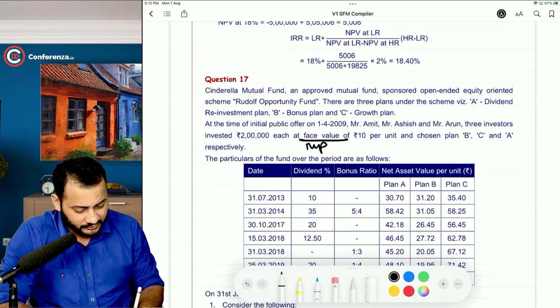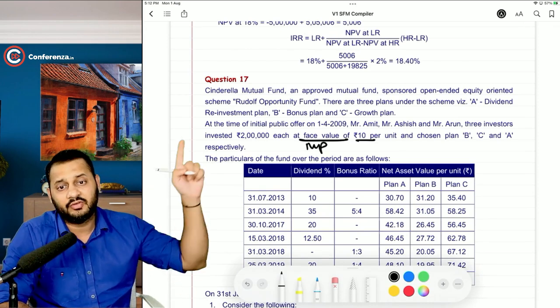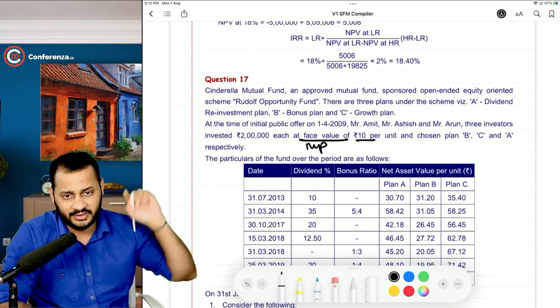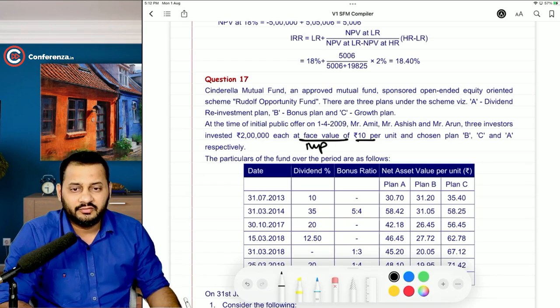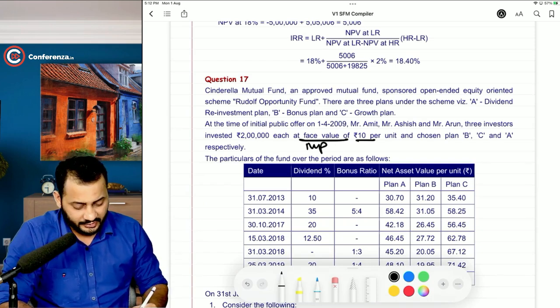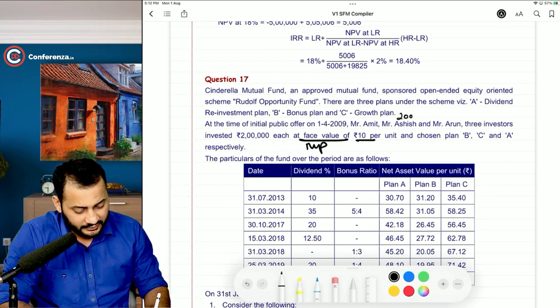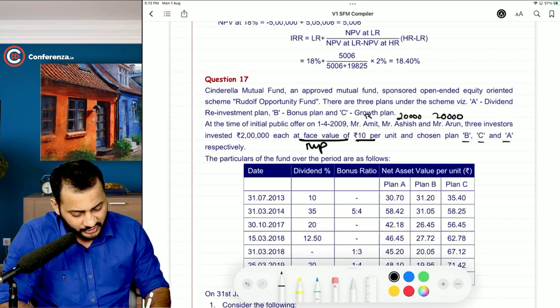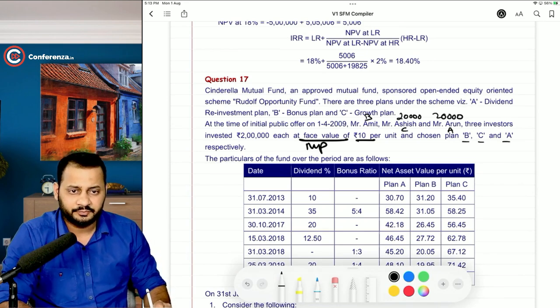So face value was the market price itself at the time of IPO on 1/4/2009. So if you are investing at 10 rupees, I think everyone has received 20,000 units. Okay. And chosen plan B, C and A respectively. So for Mr. Amit, B, C, Mr. Ashish and A, Mr. Arun.